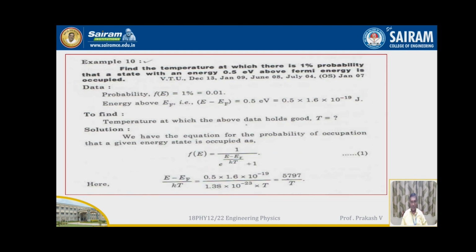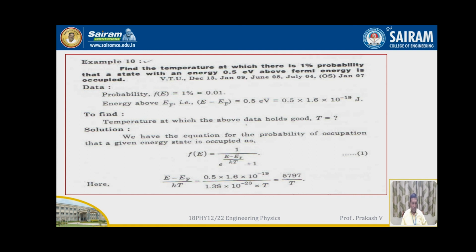Next, let us take up example number 10. Find the temperature at which there is 1% probability that a state with an energy 0.5 electron volts above the Fermi energy is occupied.